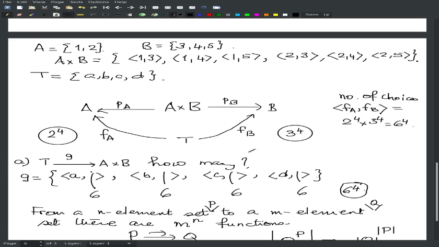But what I am saying is, you give me one such choice. So you take one choice of FA and one choice of FB.